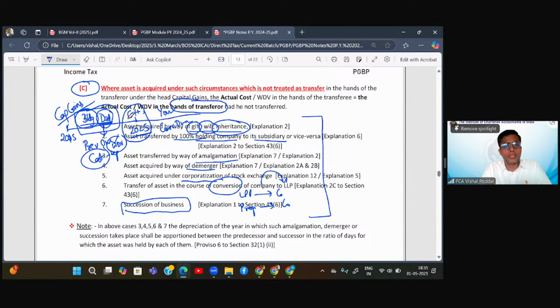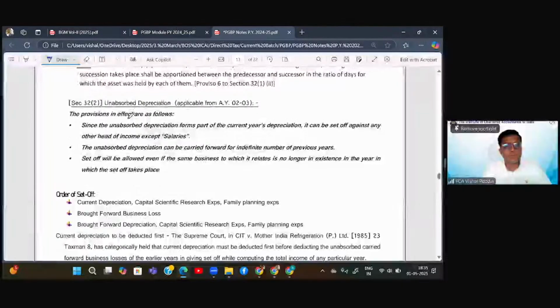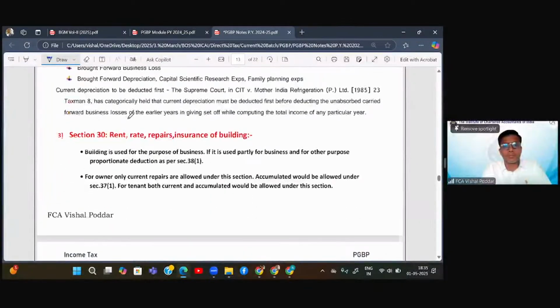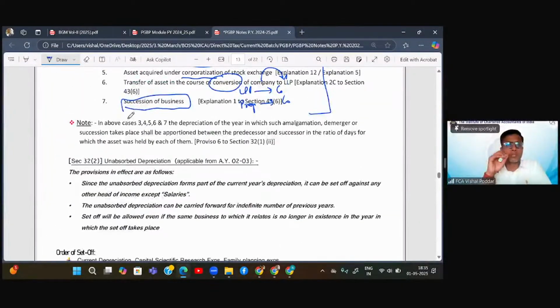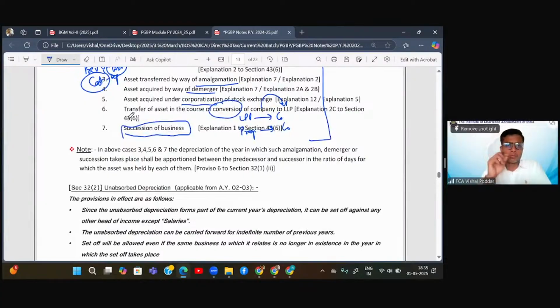Students, have you all understood this? Anybody having any questions or doubts? Students. Yes, beta, somebody raised a hand.